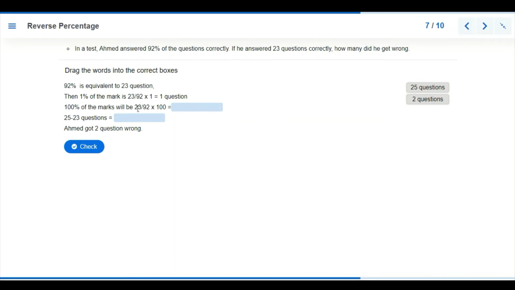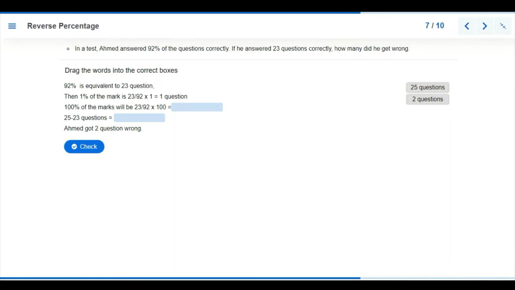That gives us the first question. That is only one question that he got correctly. So for us to have the 100%, we have to multiply 23 divided by 92 times 100. So it's going to give us 23 times 100 divided by 92.